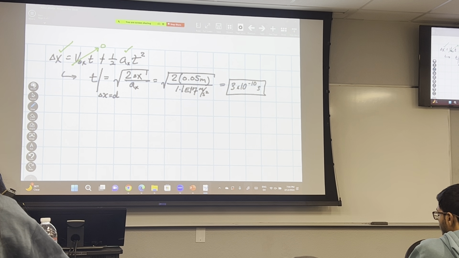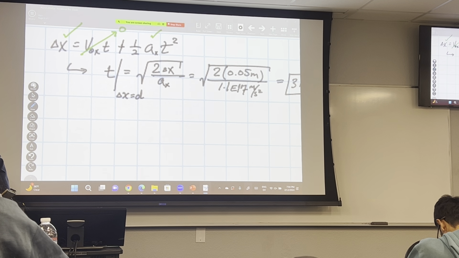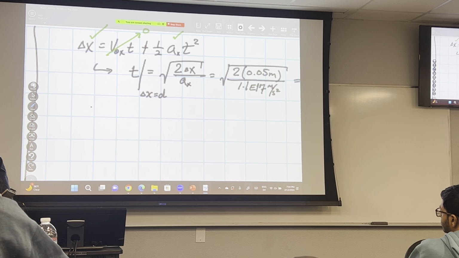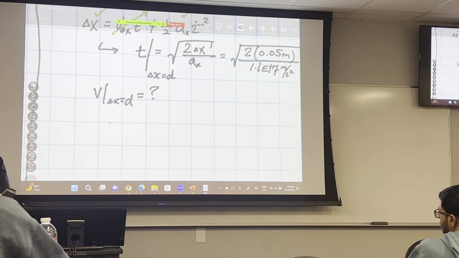But we're also asked about the impact speed. We want to know v at delta x is equal to d is equal to what? And so v f is equal to v naught plus, these are all x's, a x t. We already mentioned that the initial speed is going to be equal to 0.